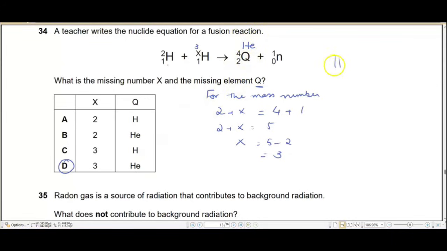You should know that helium has a nucleon number of 4 and a proton number of 2. So this is going to be helium and it's not going to be hydrogen, because the mass number changes in hydrogen whereas the protons don't change.